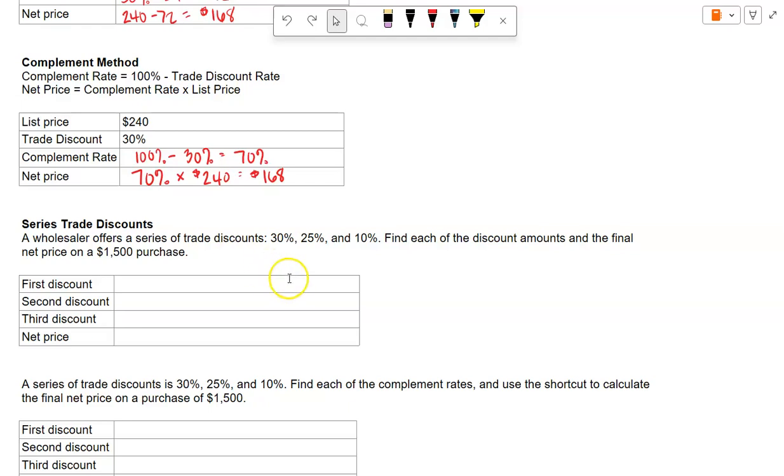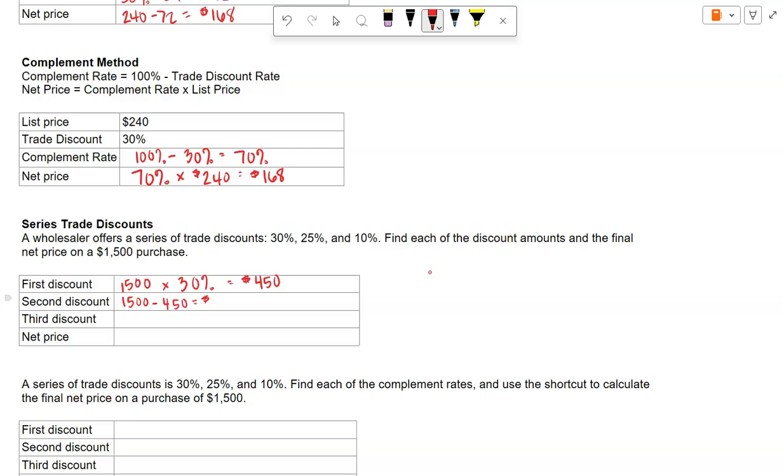For example, my first discount amount is my list price times 30%. So my first discount amount is $450. To calculate my second discount, I need to take my price minus the first discount of $450.